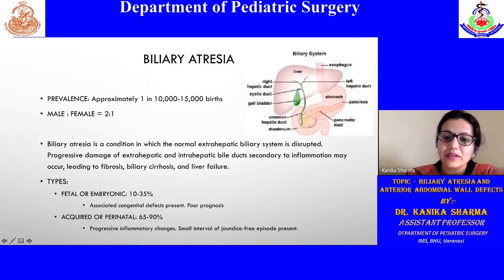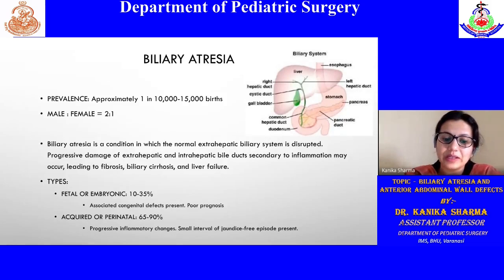The fetal one usually presents very early in the course of time, and these children have jaundice since birth, and they don't have any jaundice-free episodes. They are mostly associated with other congenital anomalies and have a poorer prognosis.